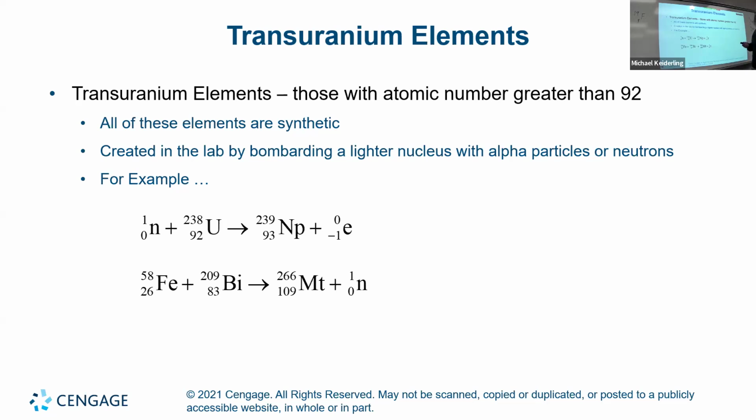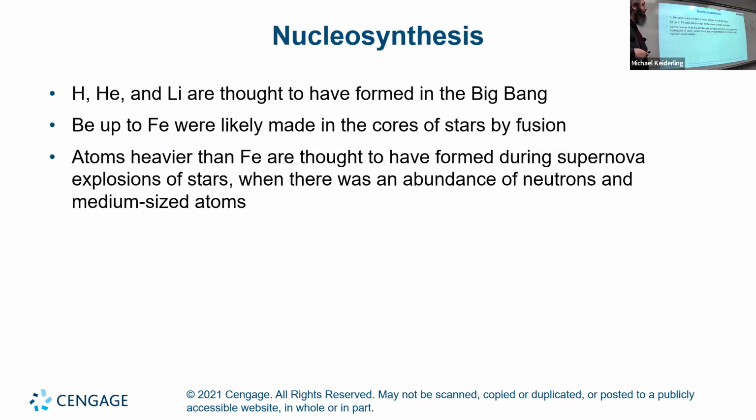But apparently there's a tiny amount of plutonium and neptunium in uranium deposits being created by reactions like this. Or you can take, say, iron and bismuth, and slam them together, and you can get element 109, and 266 on a neutron.